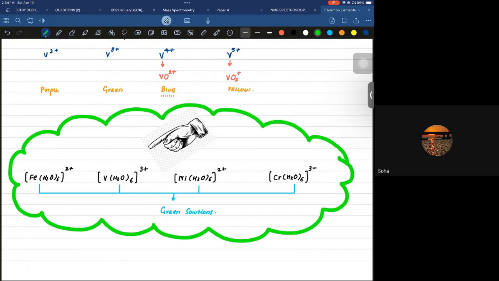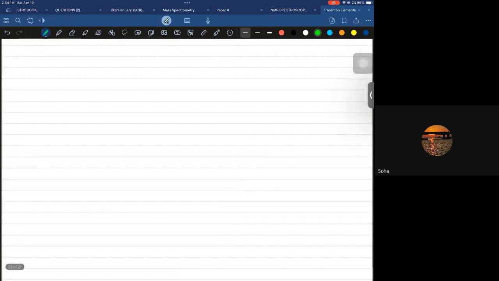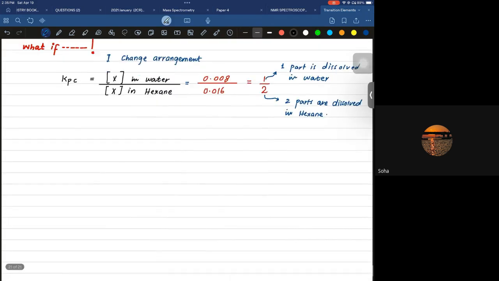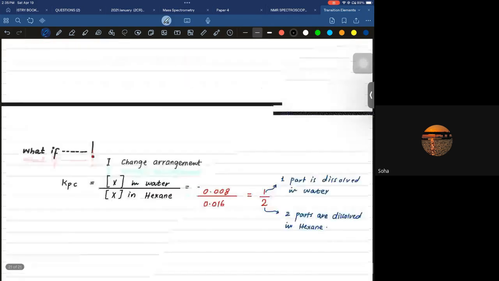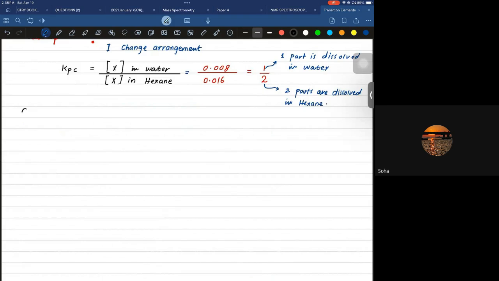Okay, then we have the chemistry of chromium. Cr3 plus is the common charge on chromium.